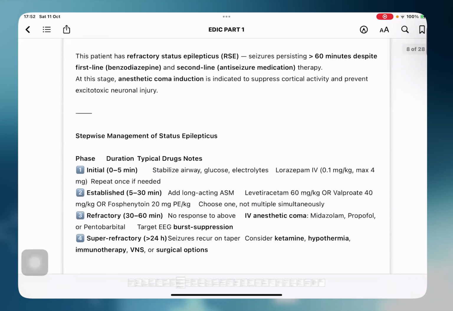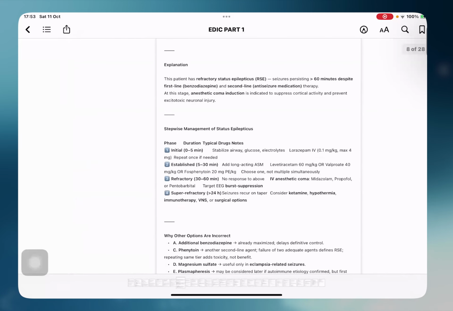Whenever you try to taper the medicine, the patient again has a burst of seizure. What are the drugs that can be given at that time? Ketamine is one drug which can be given. Then hypothermia can be induced, or immunotherapy can be given, or vagal nerve stimulation can be done, or surgical options are there to remove the focus.